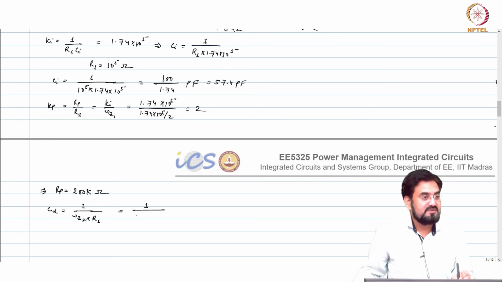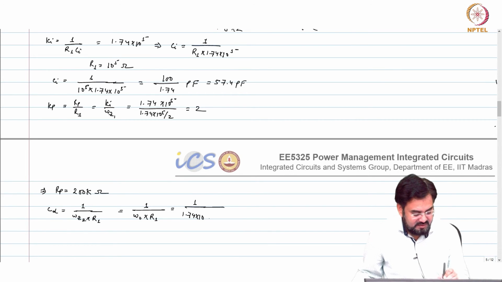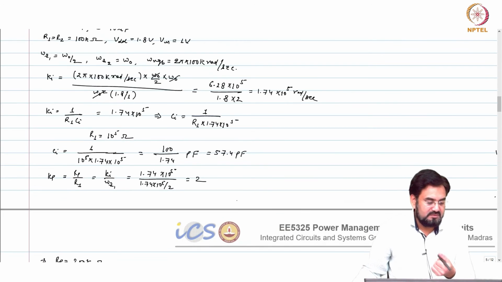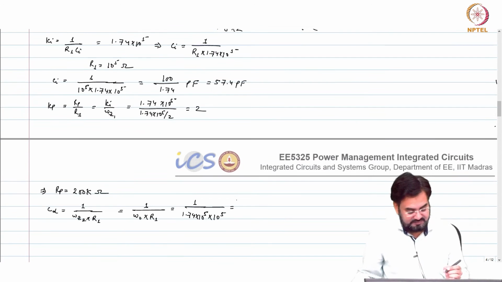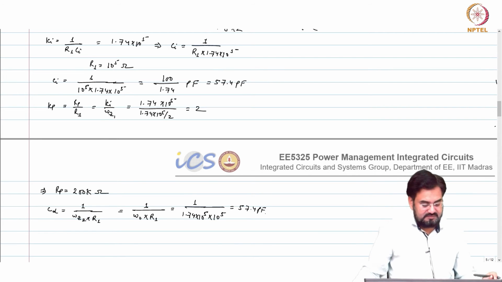Omega Z2 is, we are considering at omega naught, into R1, 1.74 into 10 power 5 into 10 power 5, which is same as your Ci. 57.4 picofarad.